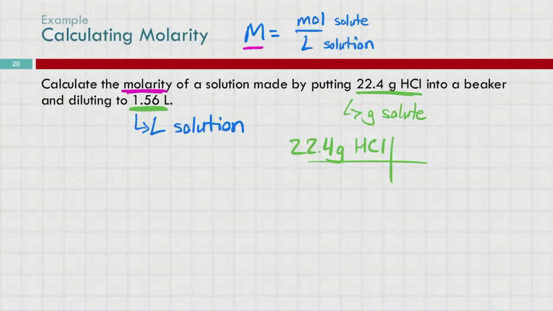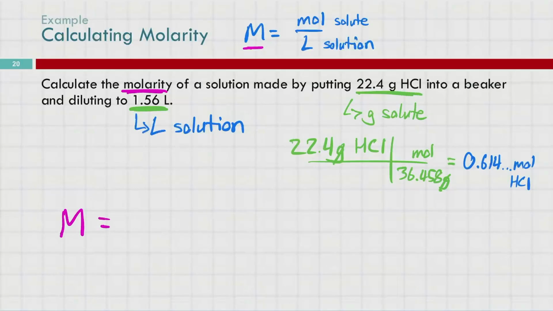The expectation is that at this point in the class, you're a pro at putting together molar masses. So 36.458 grams per mole. 22.4 divided by that number. We've got 0.614... because we've got a bunch of other numbers after that. Moles HCl. Now we have our moles of solute and our liters of solution. We can put them together.